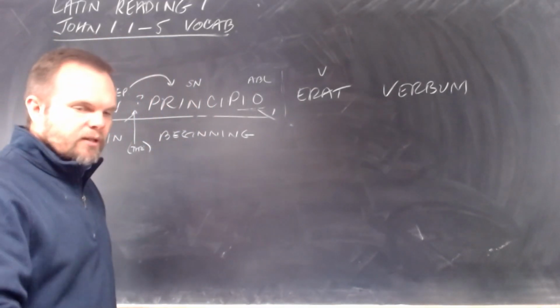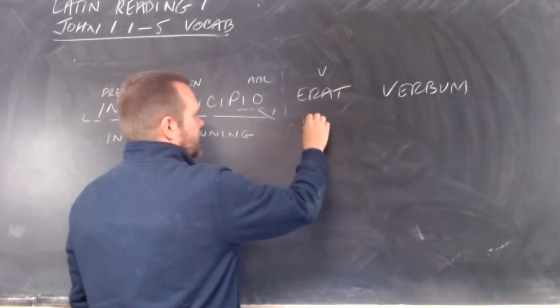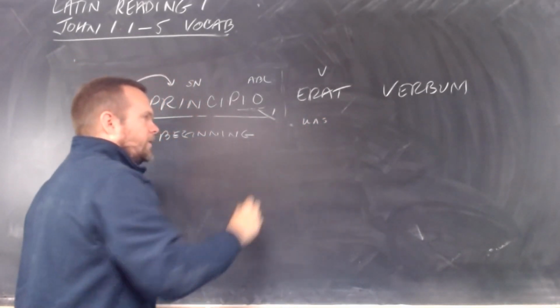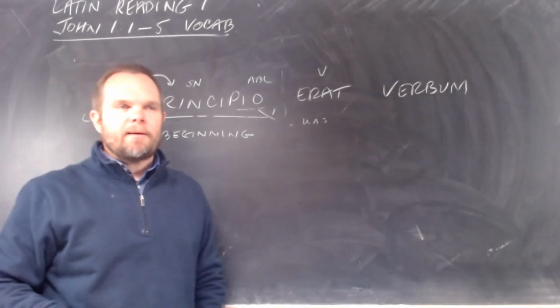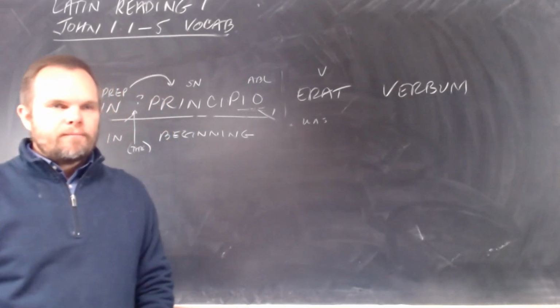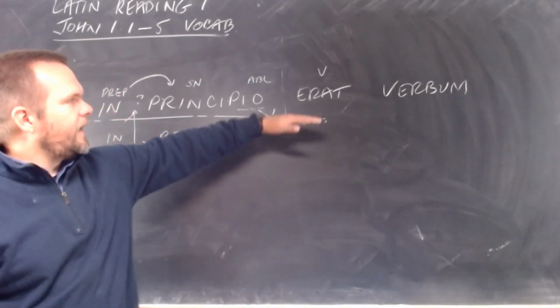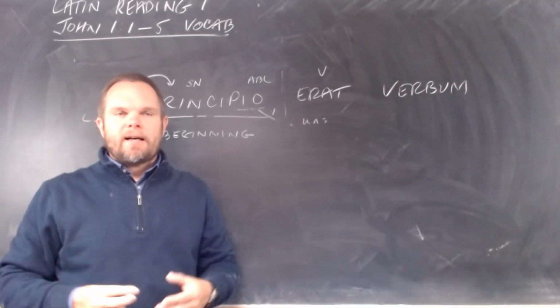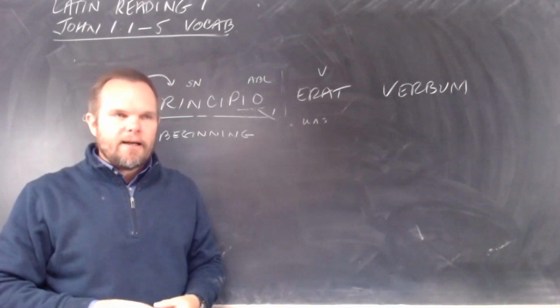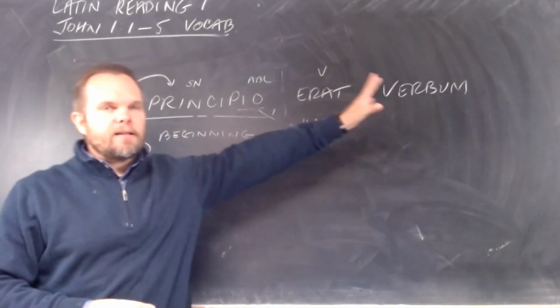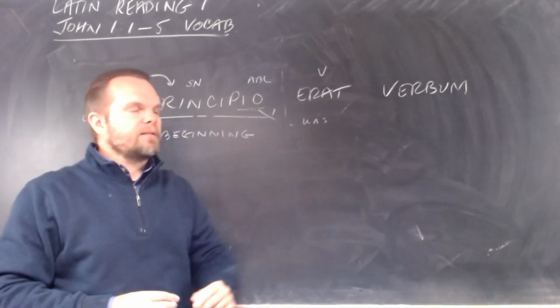I tell you in the lesson that erat is translated as was. What does was tell us about time? Past tense, right? So this word erat expresses an idea of time. It introduces time to this idea of this sentence.